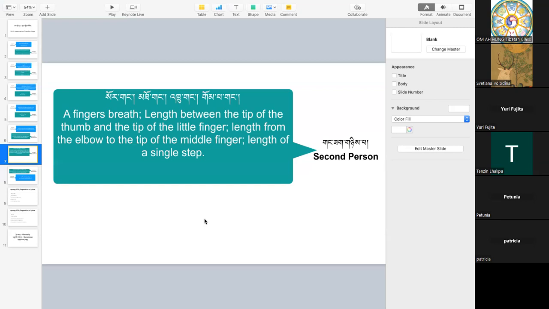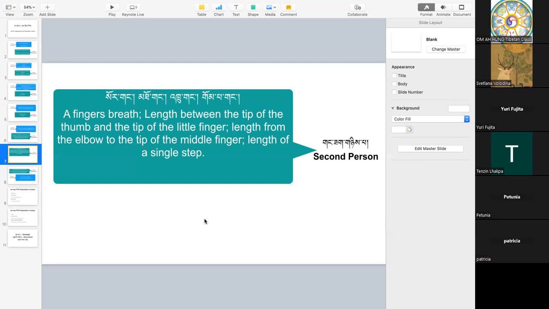And this length is known as tokang. Mostly it's about 15 centimeters in length, depending on the size of the hand, of course.